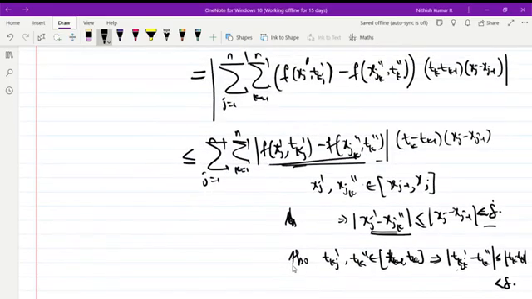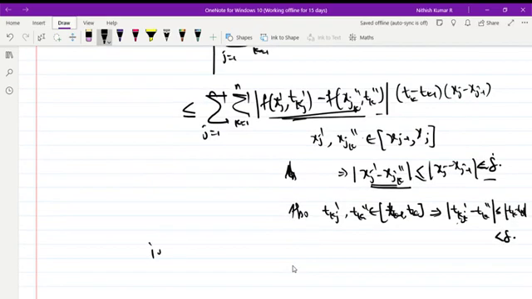So using this, we have this difference is less than epsilon. Yeah, sorry, this is less than epsilon, summation j is equal to 1 to n, summation k is equal to 1 to n, into another modulus.